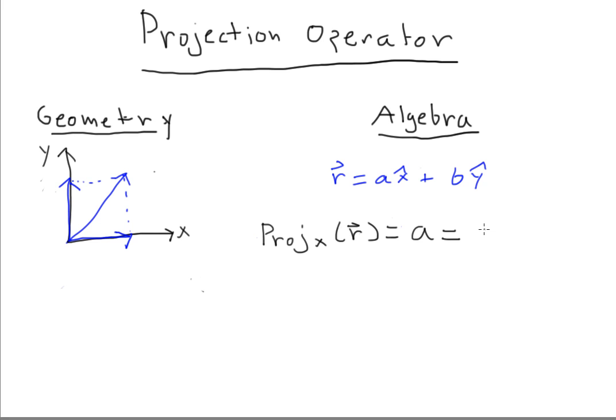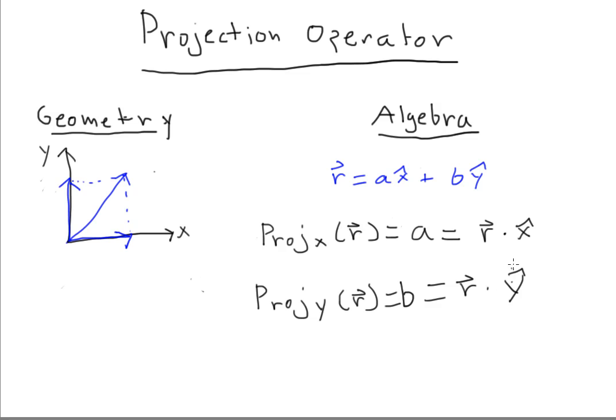If you've worked with vectors before, you probably know that the way to get the component of r in the x direction is to dot it with x hat. So this will give me A. Likewise, if I want to project into the y direction, so these are subscript x and y, my vector r, this should give me B. And the way to do that is to take r and dot it, this time with y hat.